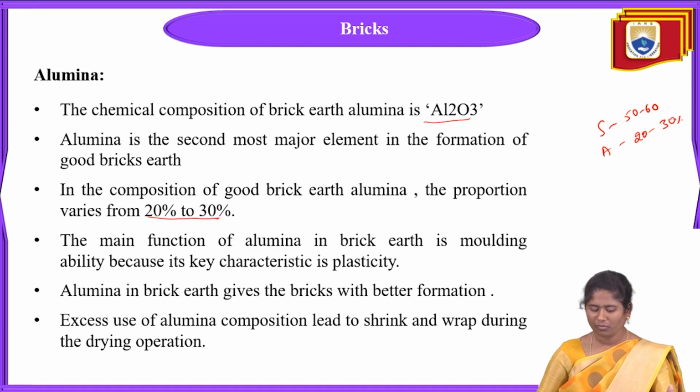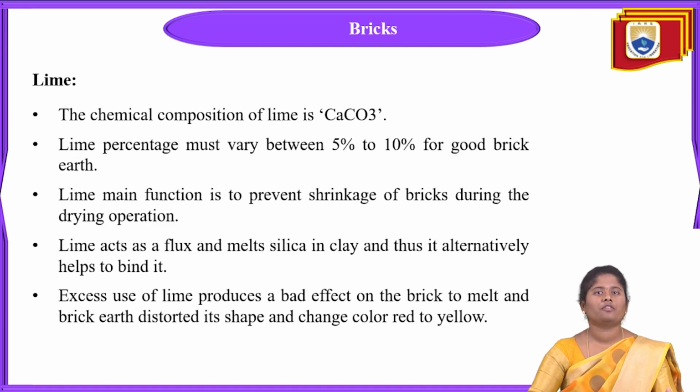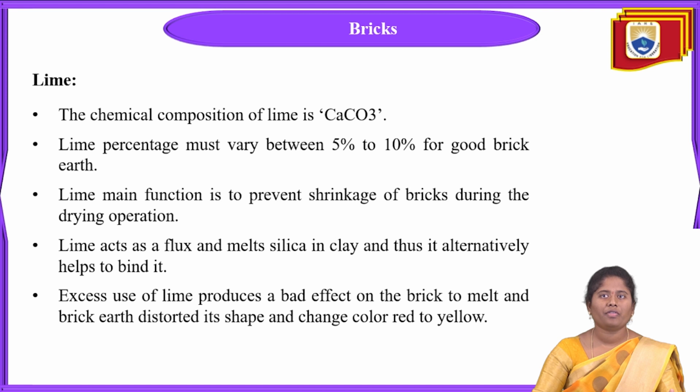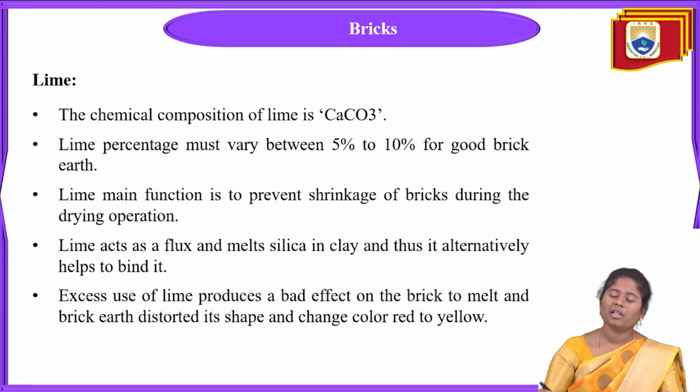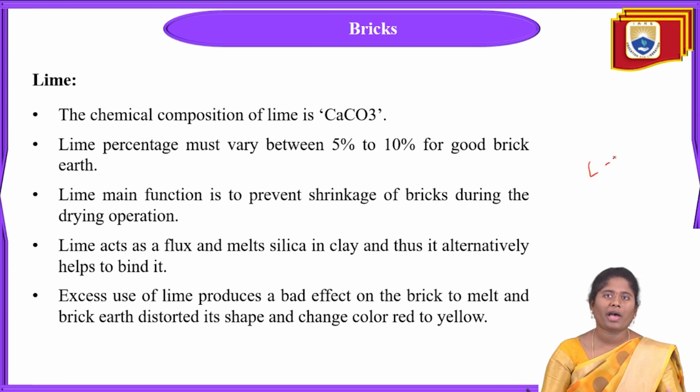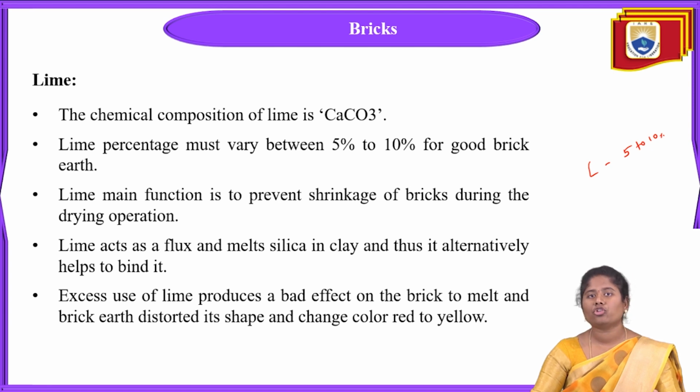Okay. Next one is lime. Lime has the chemical composition of CaCO3, and the lime percentage we add in brick formation is 5 to 10%. We add 5 to 10% for brick manufacturing. And the main function of lime is to prevent shrinkage of bricks during the drying condition.